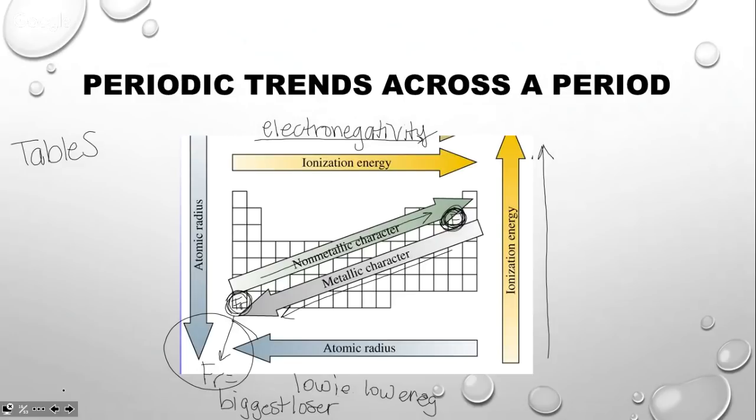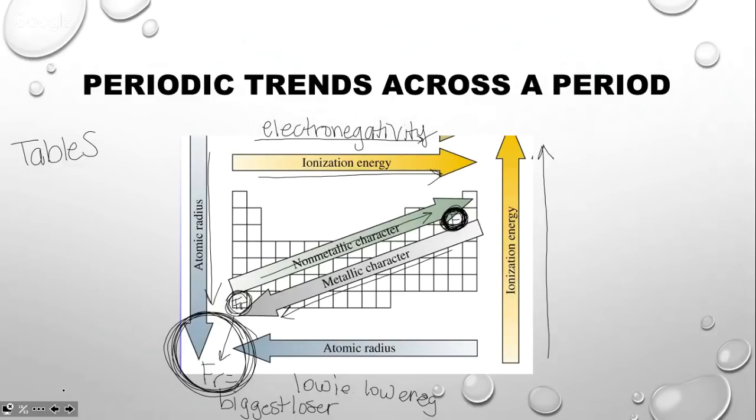So we have low electronegativity, big radius, low ionization energy. Here we have small radius, high electronegativity, high ionization energy. If we go up, we get more like fluorine. If we go down, we get more like francium. If we go right, we get more like fluorine. If we go left, we get more like francium.